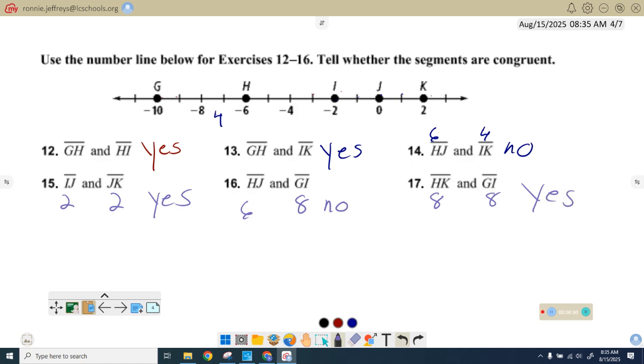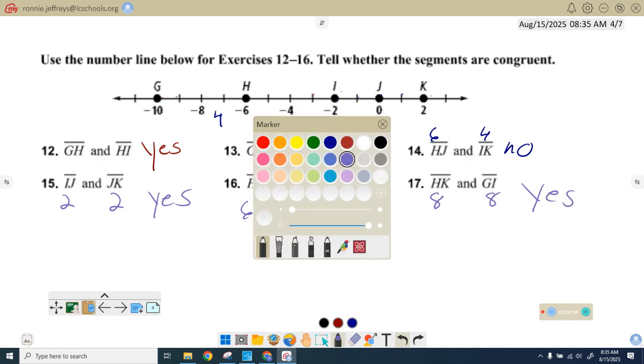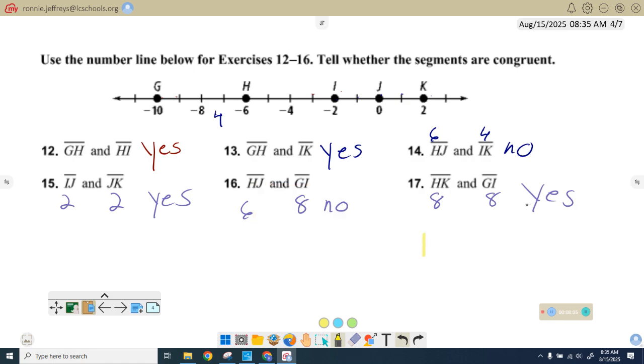So this is a yes. I realized when I got stuck on one color and didn't circle anything, I probably should do something to make the answer stand out.